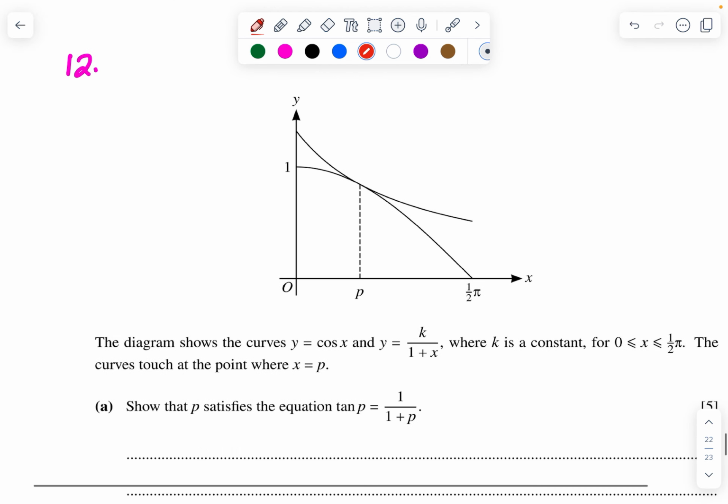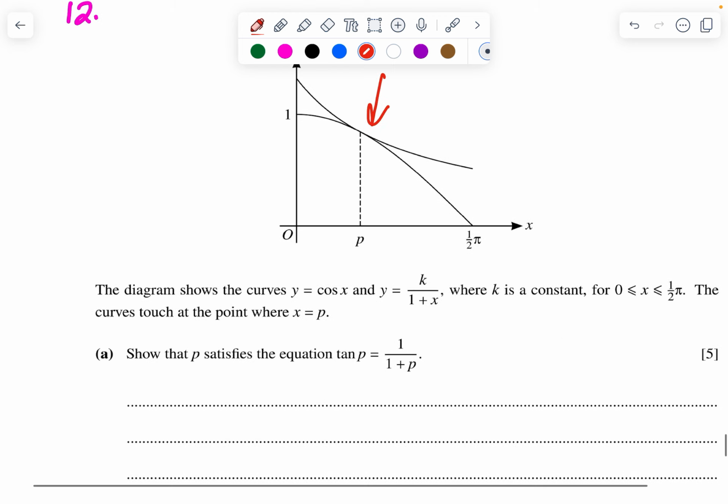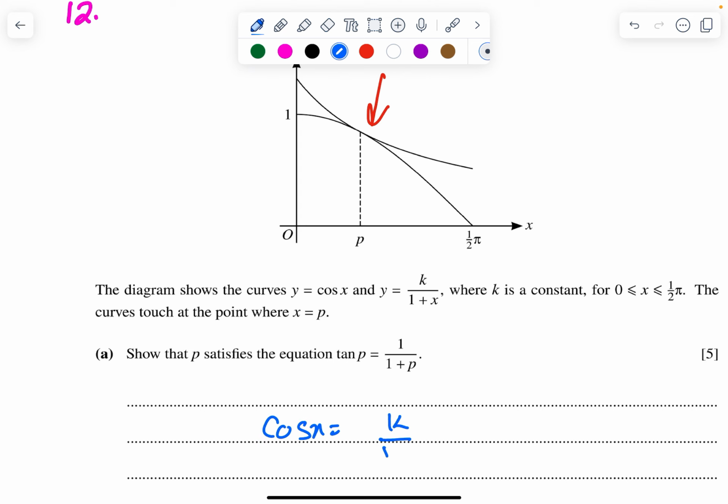And the last question, question number 12. These two are meeting over here. So what can I do? Cos x equals k upon 1 plus x.